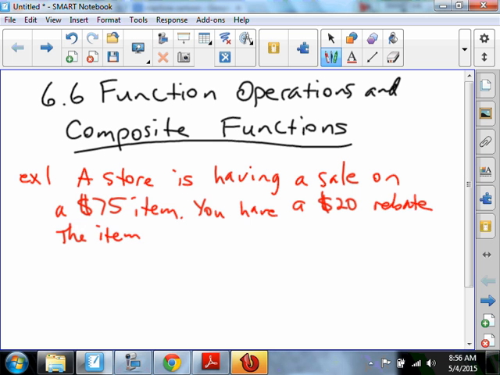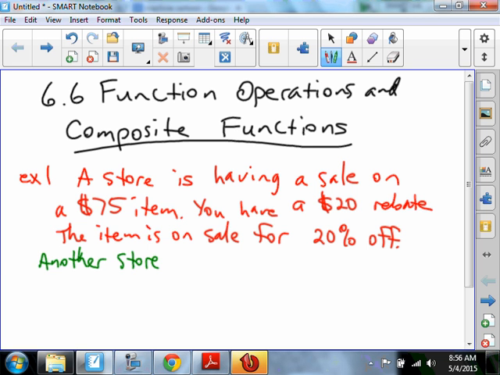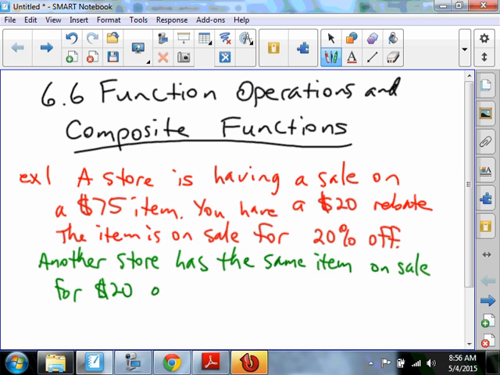The item is on sale for, we'll say, 20% off. Another store has the same item on sale for $20 off, and you have a 20% off coupon.